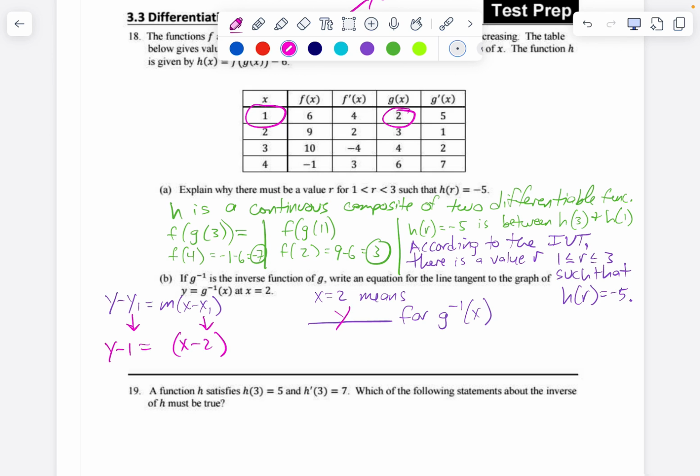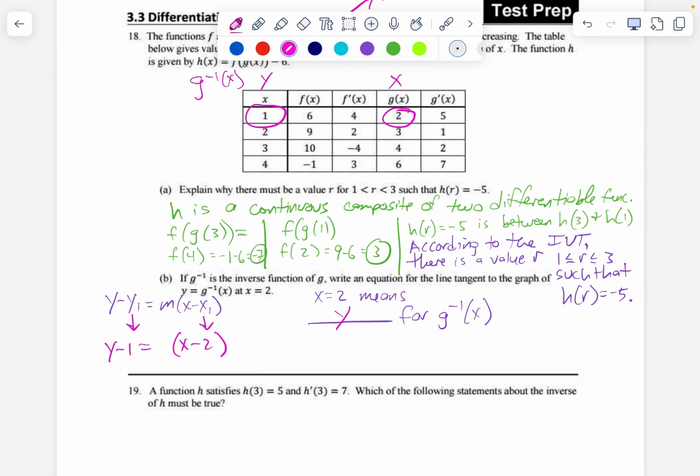Guys, remember I told you yesterday, or whatever day it was? Go up there and switch those for g inverse, right? And just write it up above. Like these are the x's, those are the y's for g inverse. It's backwards. I think that's helpful. So don't forget that little strategy. Anyway, how do we get the slope? The new formula.